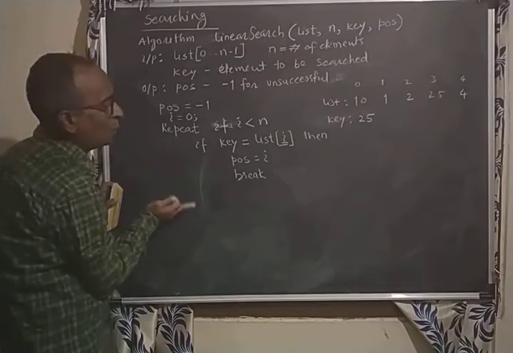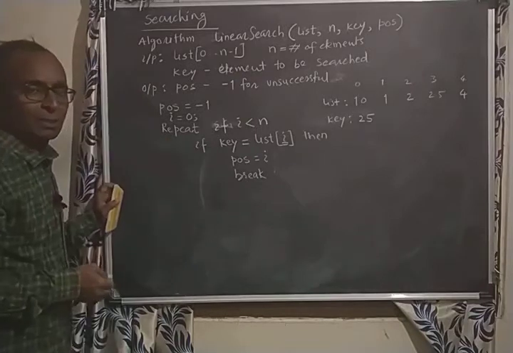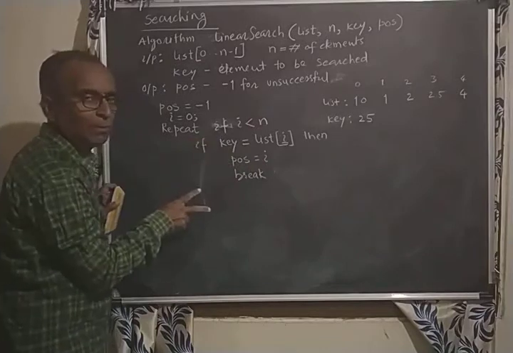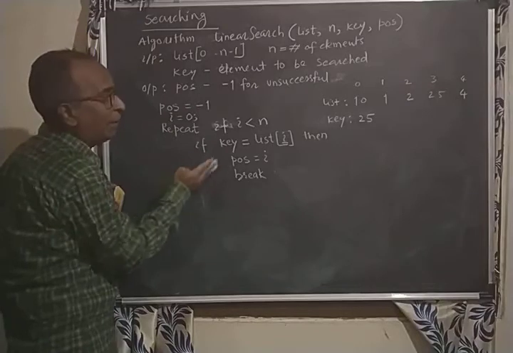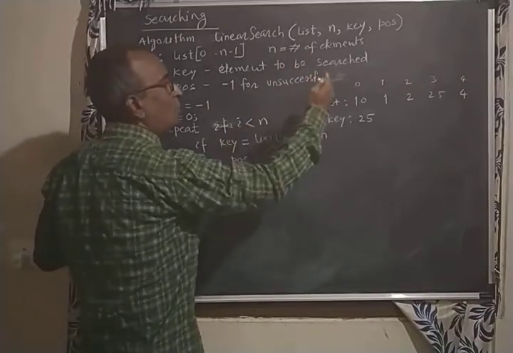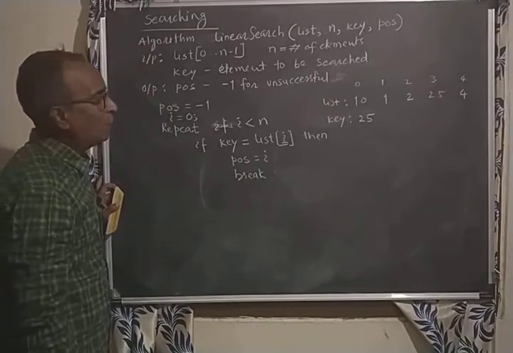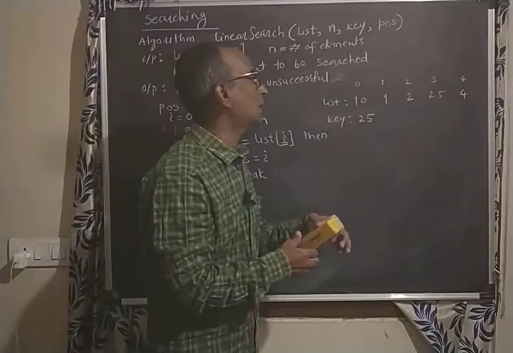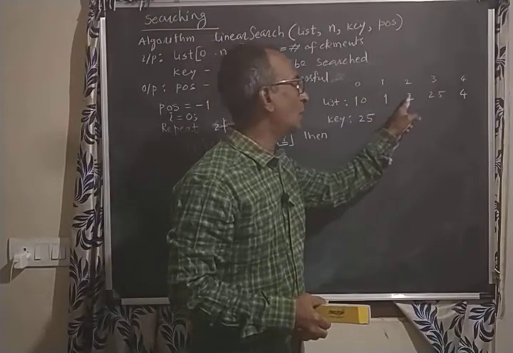Now when it comes out, when you say unsuccessful search, if the position is set here, this is successful. But when it comes out of this loop because the list is exhausted, obviously the i value will be equal to n. Suppose you are searching for 100: i value 0, it is not 100, i incremented, it is not 100.